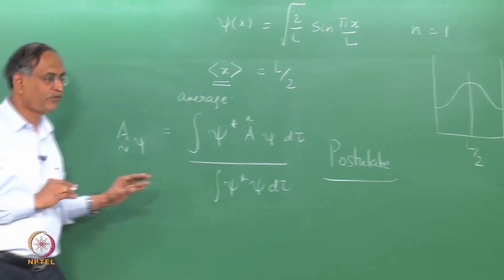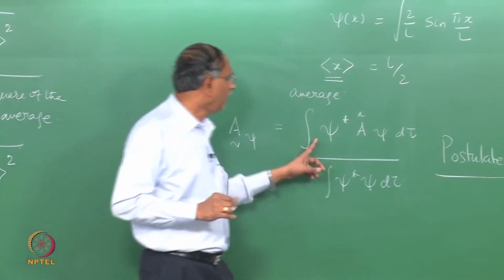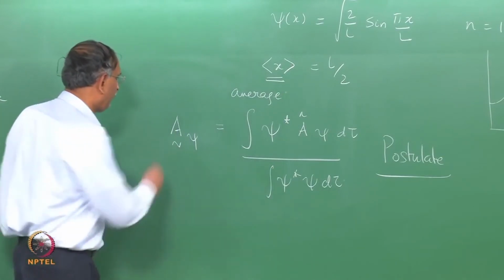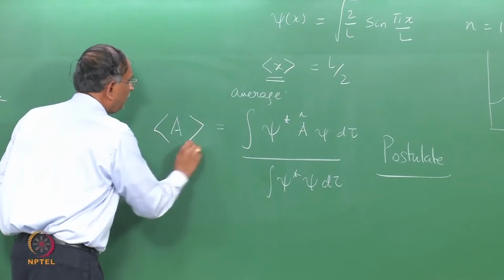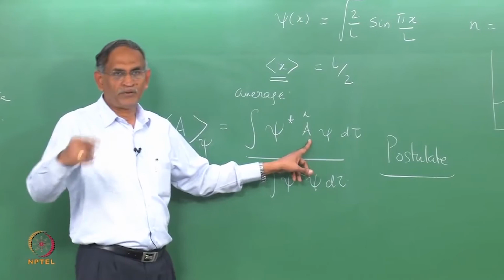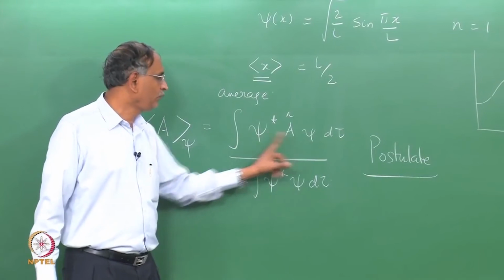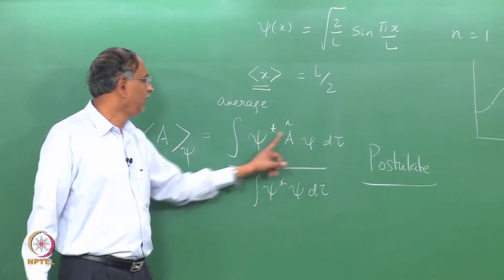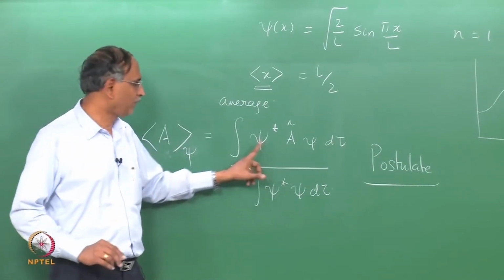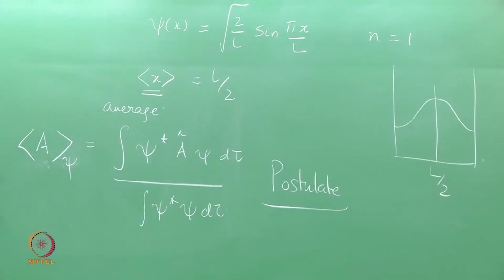You will find such things in physics books, but for the particular course that you have started taking, this is the postulatory introduction for the expectation value of any variable A, whose corresponding representation as an operator is given by this A hat, and the A hat is between the wave function psi and the complex conjugate psi star, if psi is a complex function, otherwise both of them are psi. This prescription must be kept in mind.